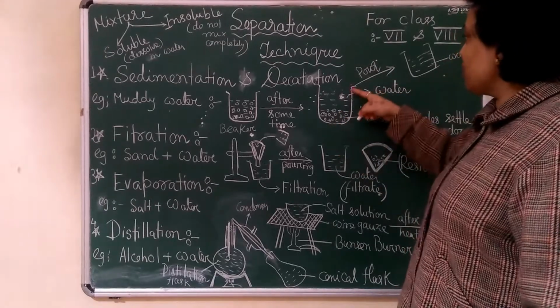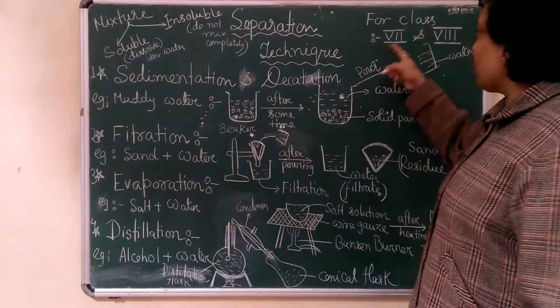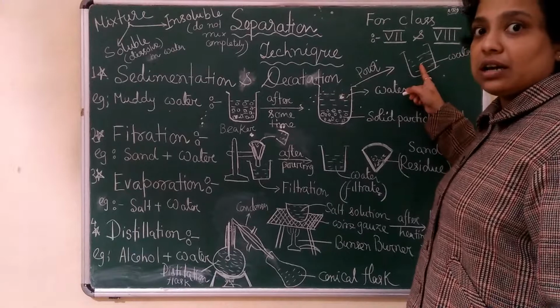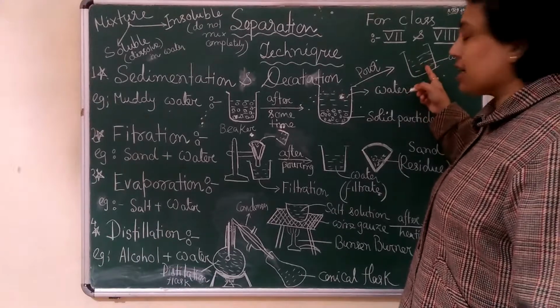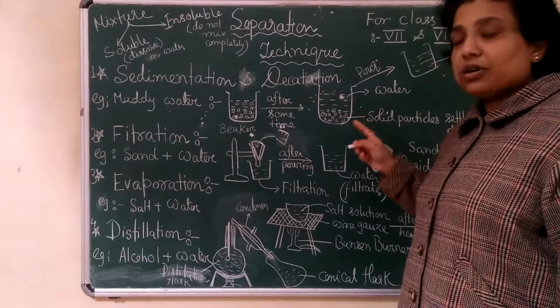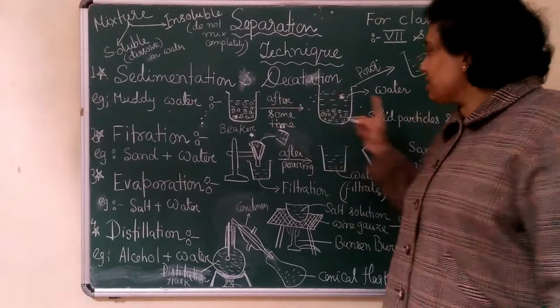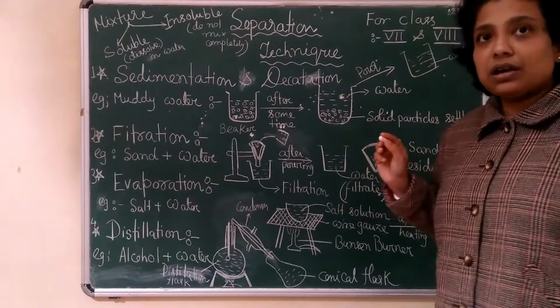So decantation means after pouring, the liquid is poured in such a way that the water is in the separate beaker and the solid particles remain in the given beaker. So this is in addition. If sedimentation is asked, till this you have to write.